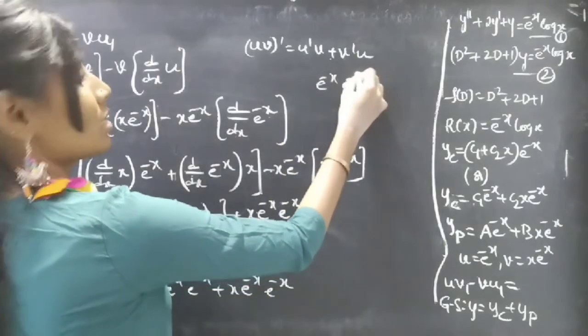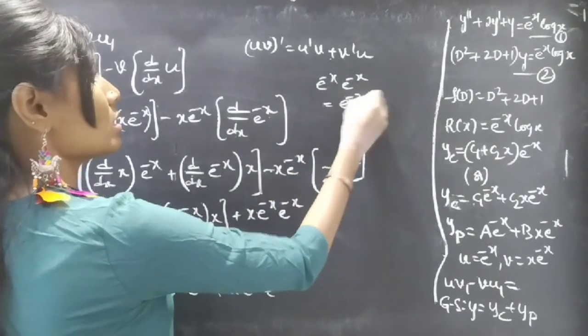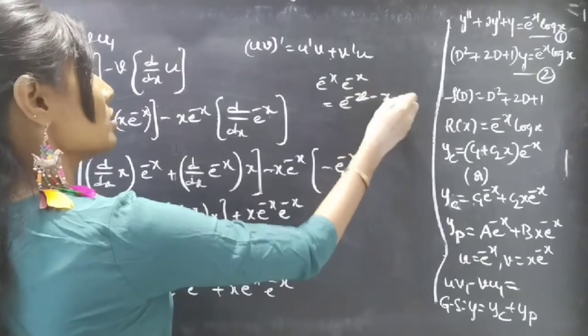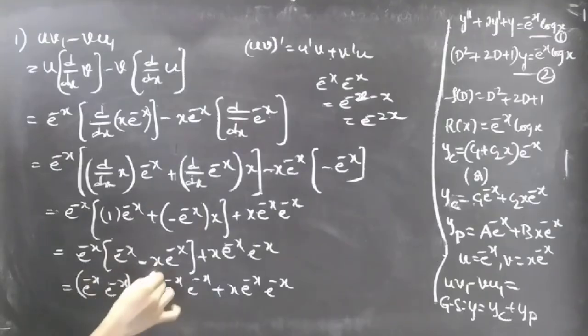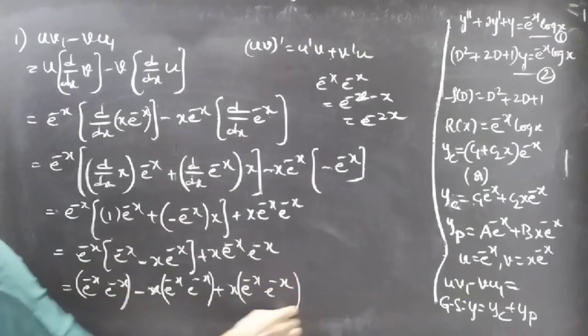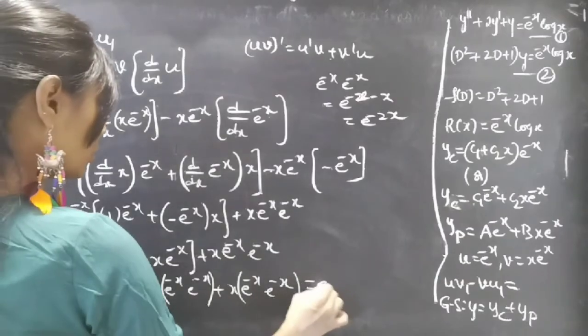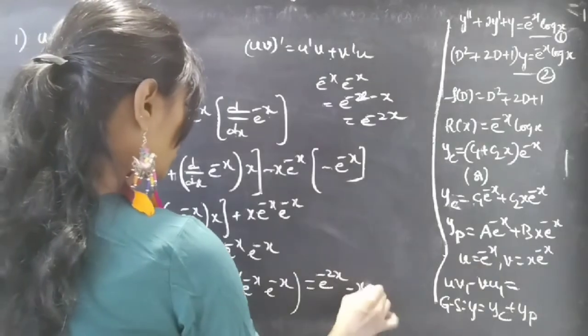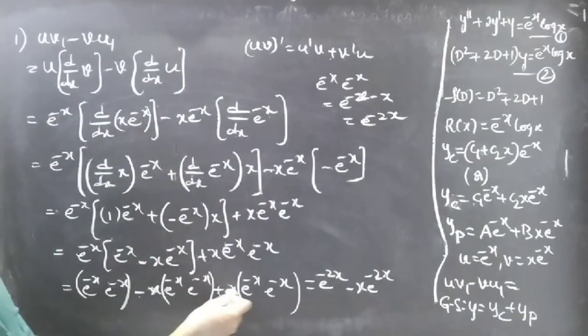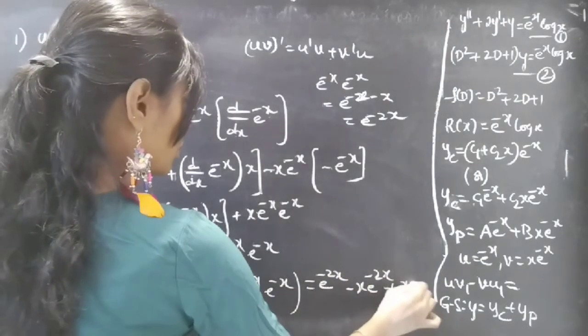We have e power minus x into e power minus x. We can write this as e power minus 2x. Now replace e power minus x into e power minus x with e power minus 2x, and we'll get e power minus 2x minus x e power minus 2x plus x e power minus 2x.